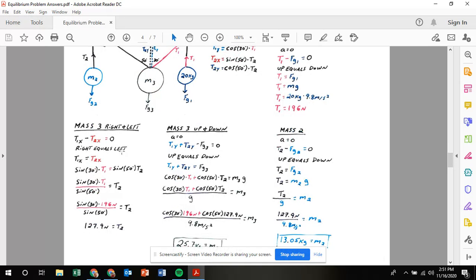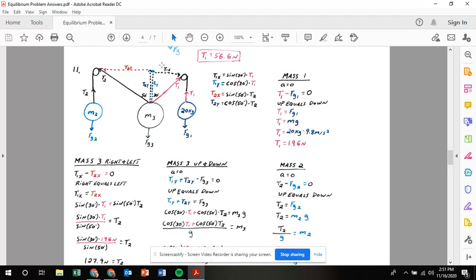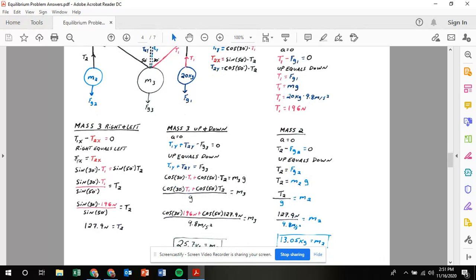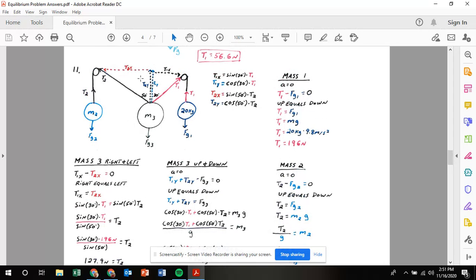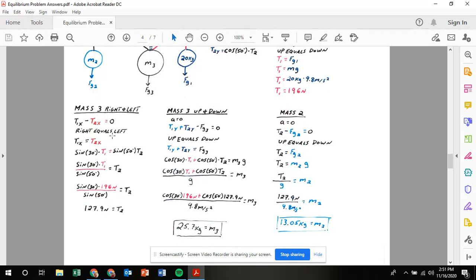196. So now if I look at mass 3 and I look at left and right, I know that this T1 in the x has to equal this T2 in the x, because for M3, it's being pulled to the right here, it's being pulled to the left there, and they must be equal to each other. So T1 in the x equals T2 in the x. Well, we already said that T2 in the x is sine of 50 times T2. T1 in the x, because it's the opposite side of this triangle, is also found by sine of 50 degrees times this T2, which we don't happen to know.